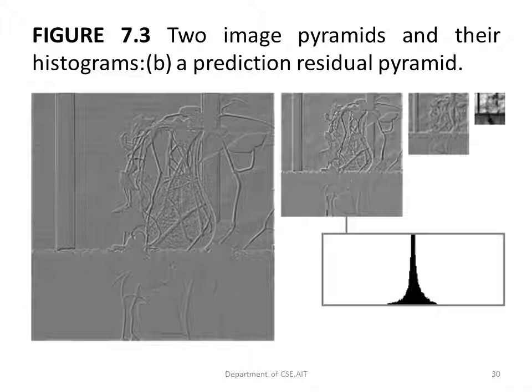The prediction residual pyramid we get here is called a Laplacian pyramid because it has a lot of similarities. When we make use of a Laplacian filter, how it appears is what we studied in the previous topic, and the same thing is happening here. So this is called a Laplacian filter.